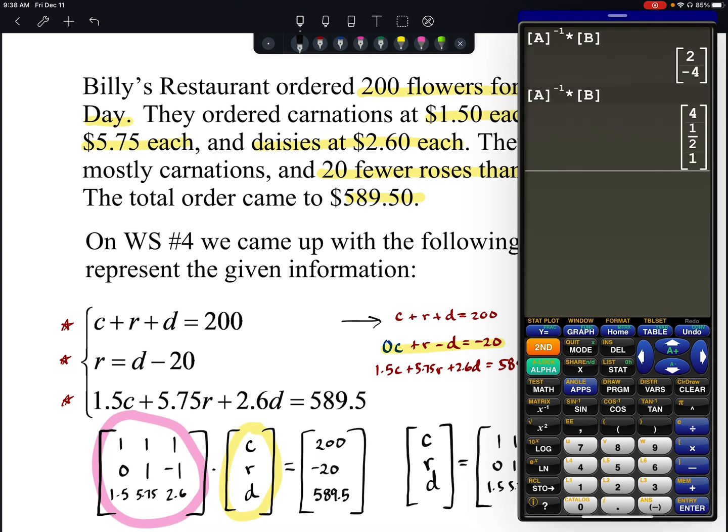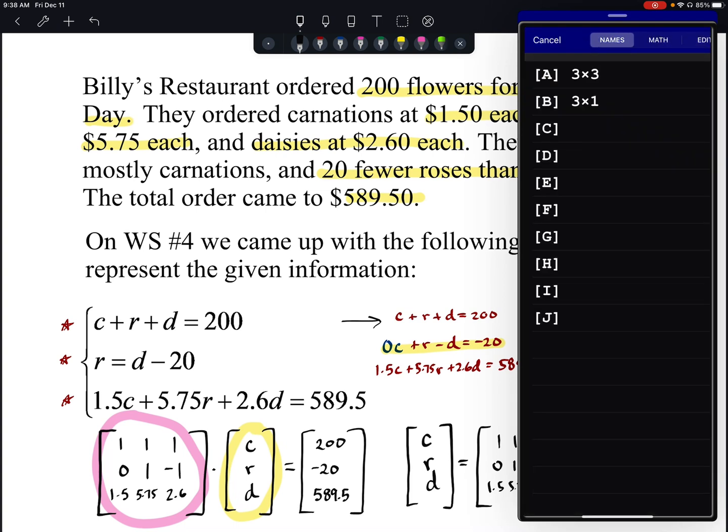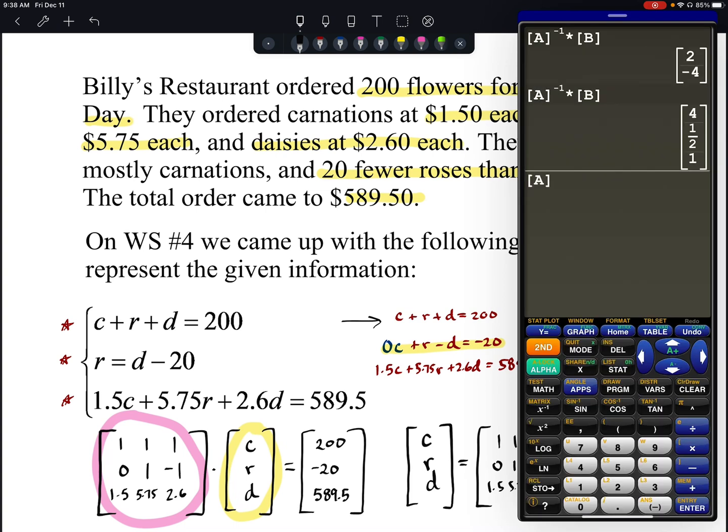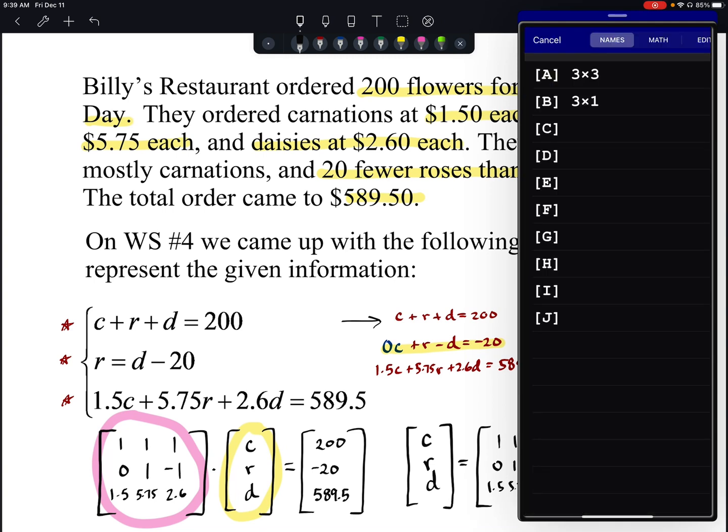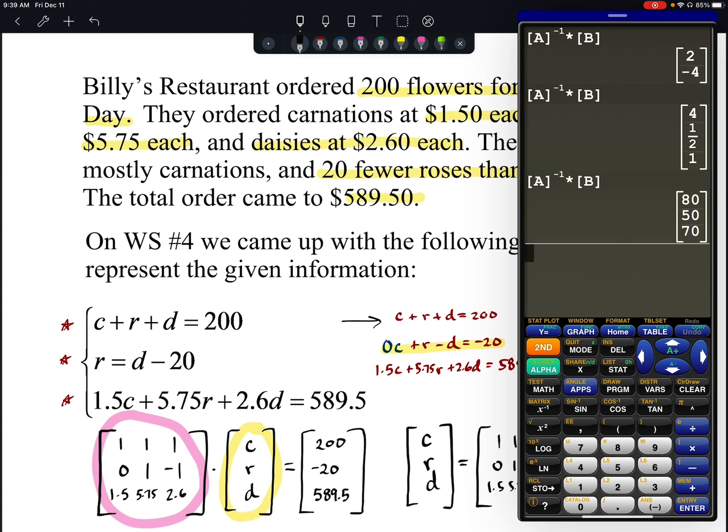All right, finally able to solve it. So let's go to our matrix menu. Now don't go into the edit. Let's just choose our A. We want A inverse, so let's just go ahead and press that inverse button. And then we're going to do times, and we're going to have our matrix B that we just created right here. And then we hit enter.